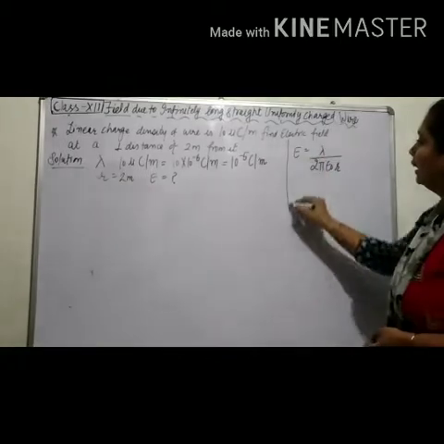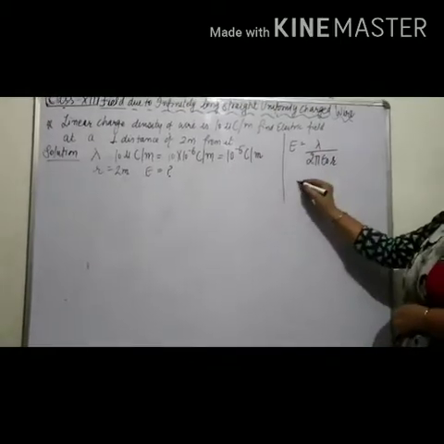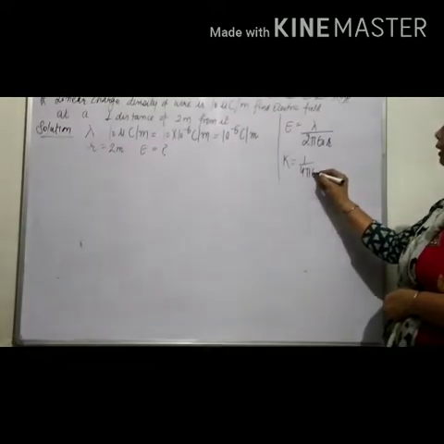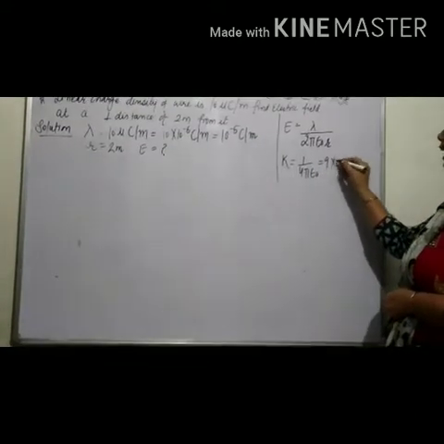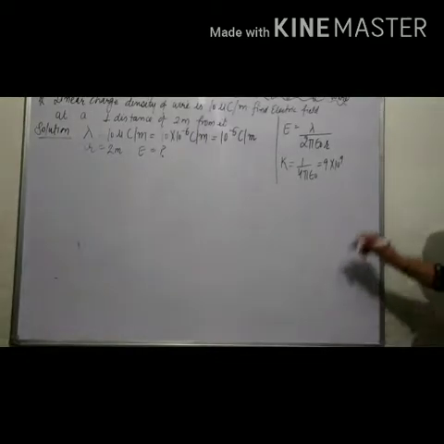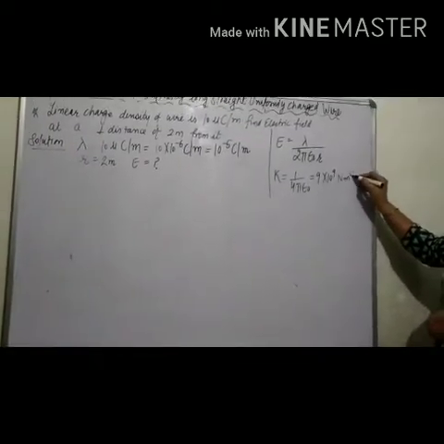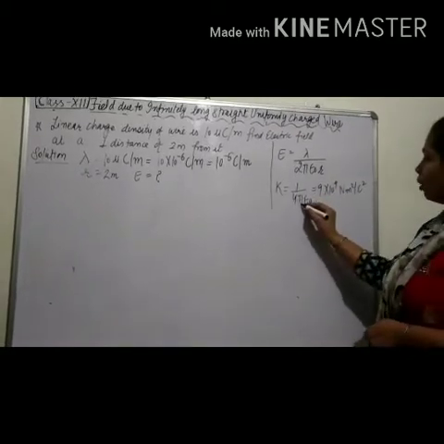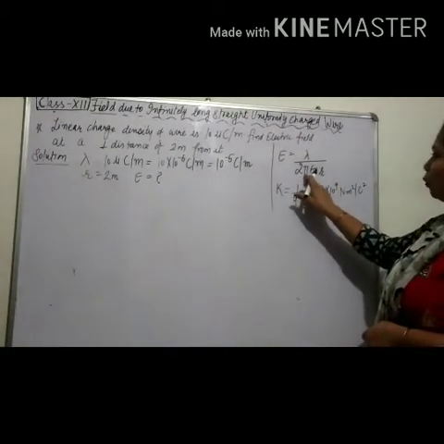We can learn it directly, or as we know that k is equal to 1 upon 4 pi epsilon naught, and its value is 9 into 10 raised to power 9 Newton meter square per coulomb square. 1 upon 4 pi epsilon naught, but here it is 2 pi epsilon naught.